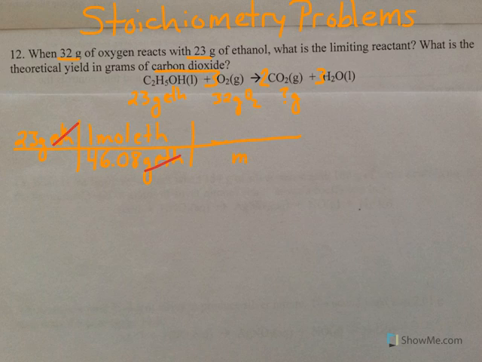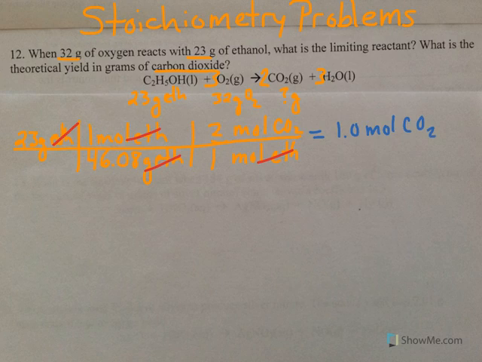So moles of ethanol is what we're trying to get rid of, goes on the bottom. And we're interested in carbon dioxide, so moles of CO2 will go on top. Okay, and then this is a 2-to-1 mole ratio. That cancels, and we're left with the number of moles of CO2 that could be produced, which in this case would be 1.0 moles of CO2.